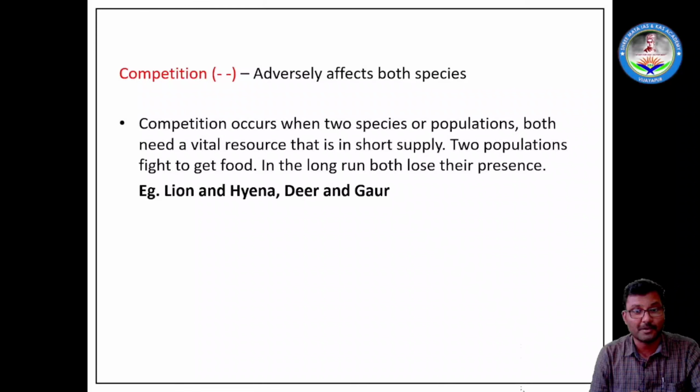This is called competition, and this is among carnivores. Among herbivores, take deer and gaur, a buffalo type in the Western Ghats. They compete to graze, and if they do not get proper grazing land, they die. Both are in competition in finding grazing land.